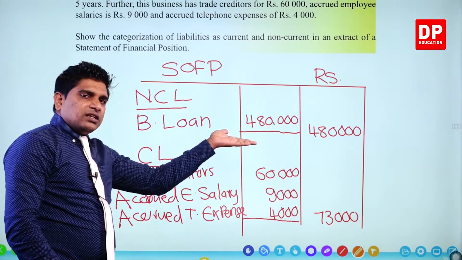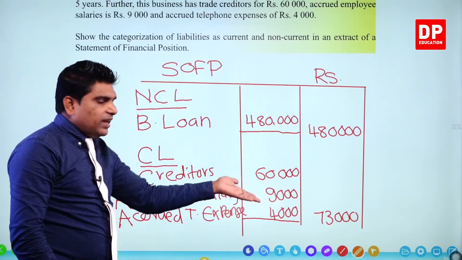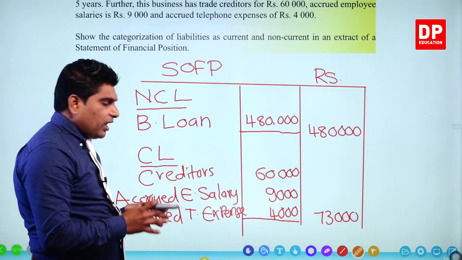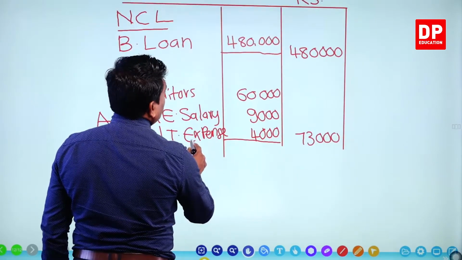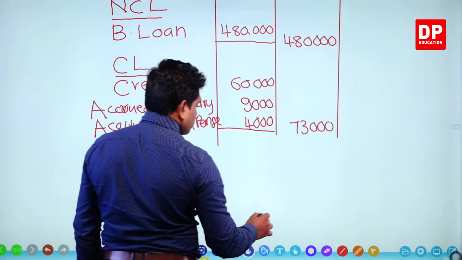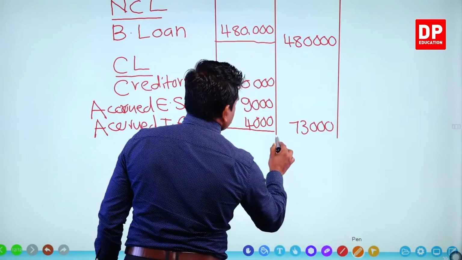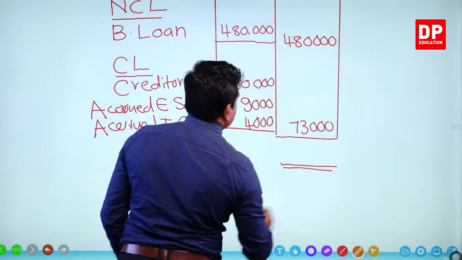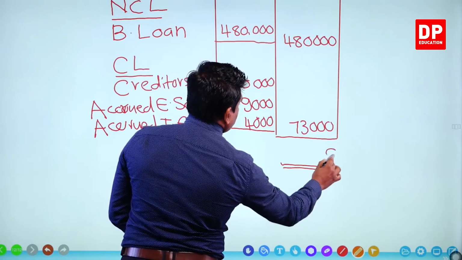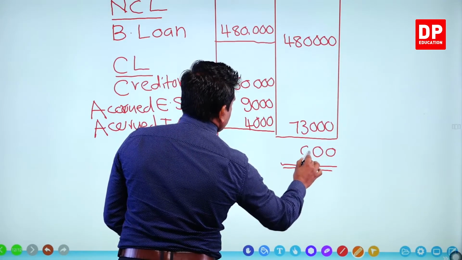480,000 is the non-current liabilities. All the liabilities you add and total liabilities we can find now. How you add these two? Right? 0, 0 and 0. Right?